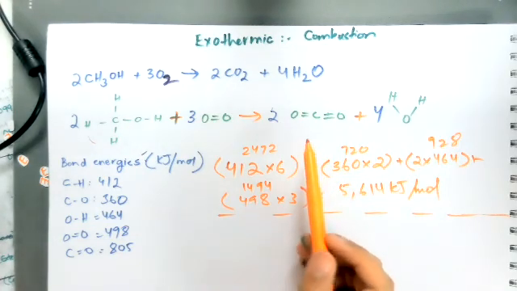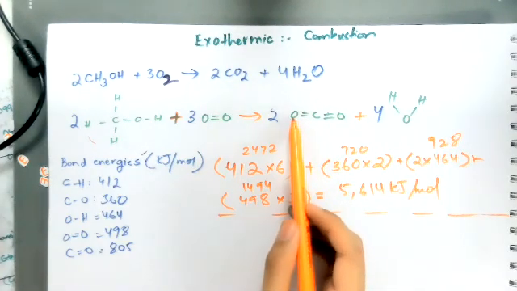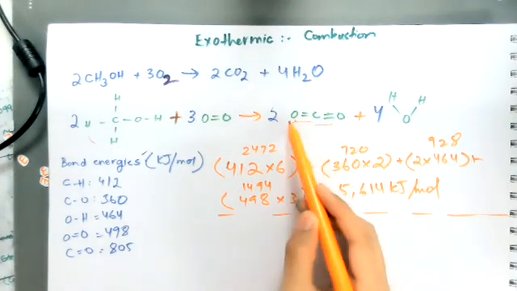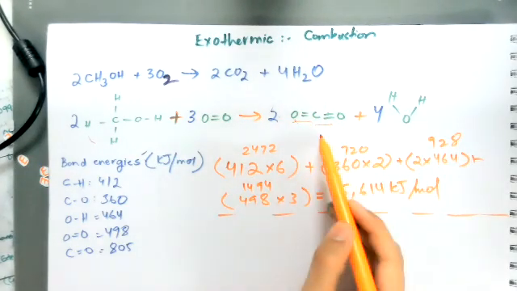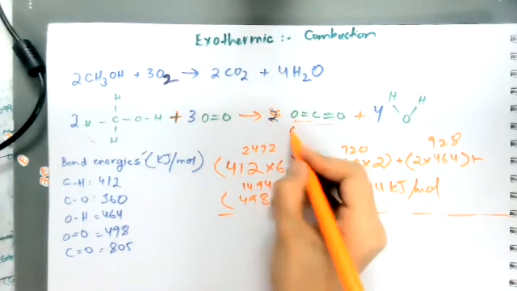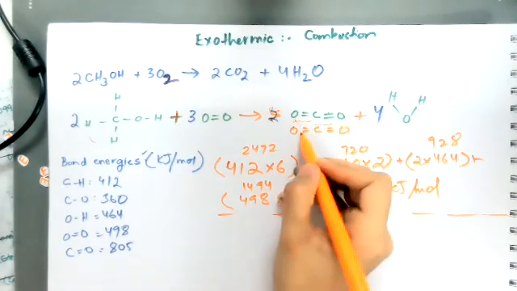Now, the energy released. So I have oxygen-carbon double bonds. I have 2 of them, and then I have 2 of the whole molecule, so that makes it 4, right? Because if I remove that, this is what it means. So I have 4 of these bonds.